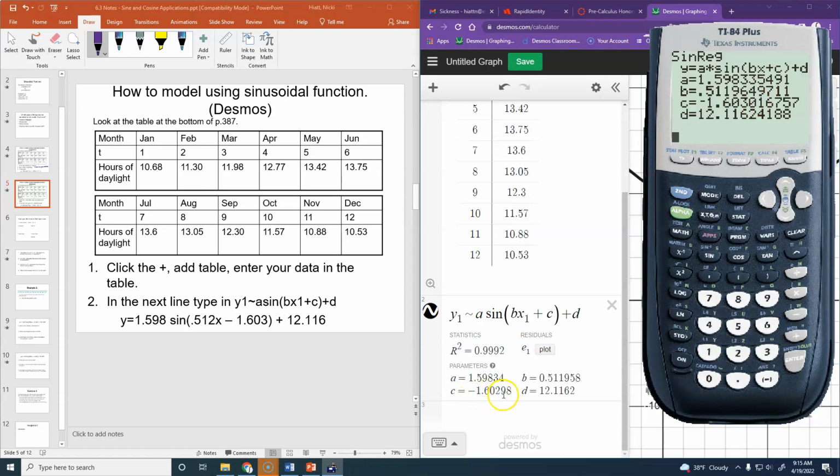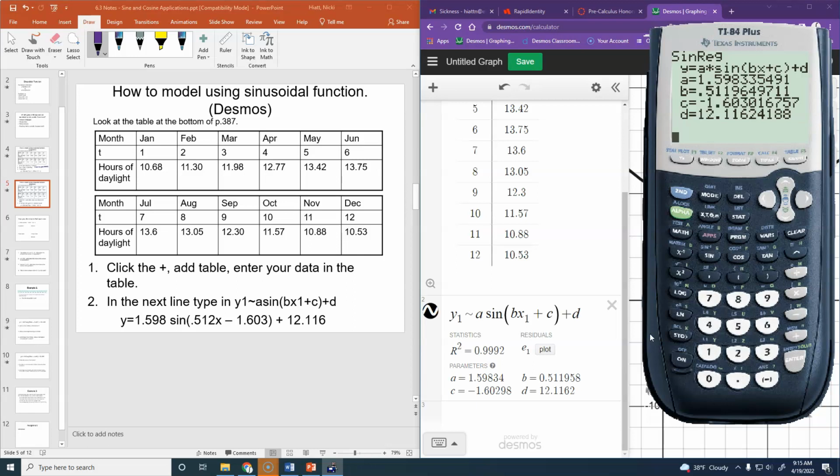The C is also slightly different. The D is exactly the same. So Desmos uses a slightly different algorithm to calculate this, and you're going to see slight differences sometimes. It should not affect your answer enough for it to make it not work for the quiz.